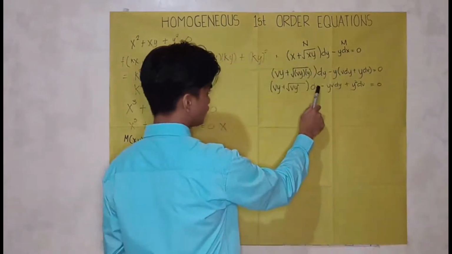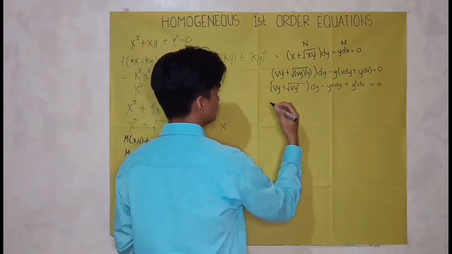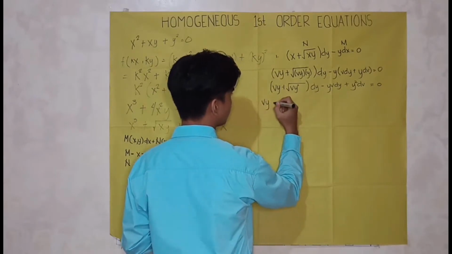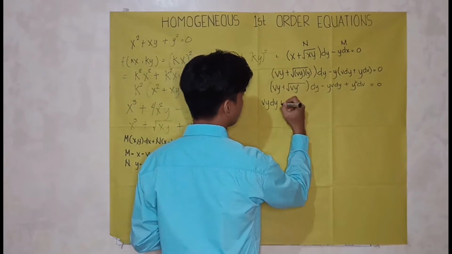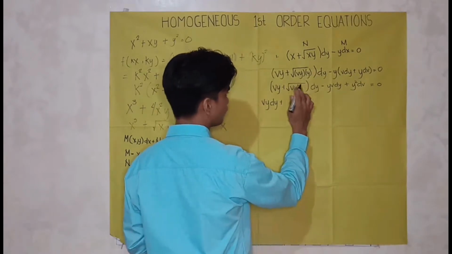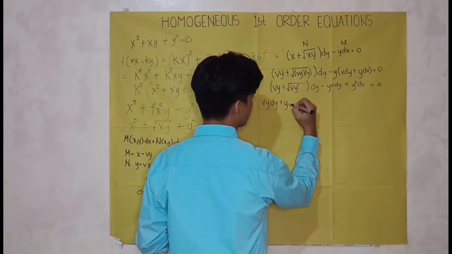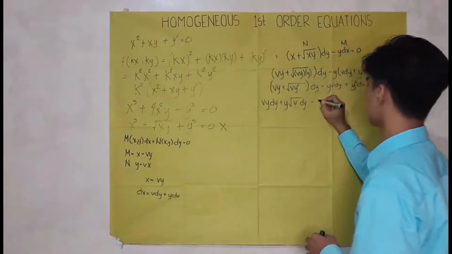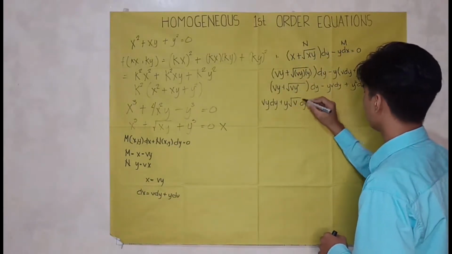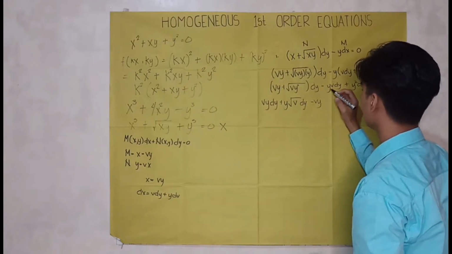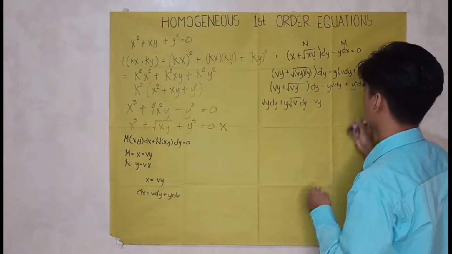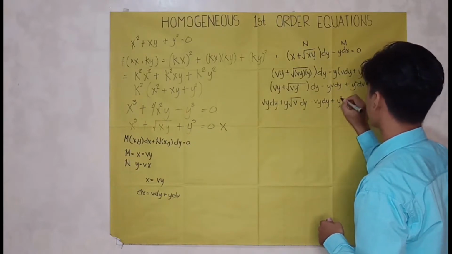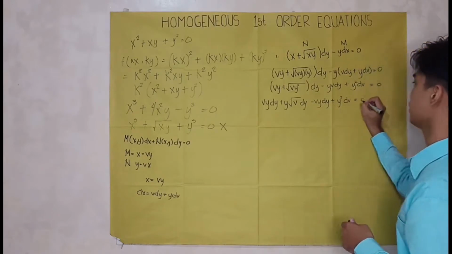Then, distribute yung dy. So, meron tayong y square root of v dy minus y, or pwede natin para maging magkamukha, vy dy plus y squared dv equals to 0.